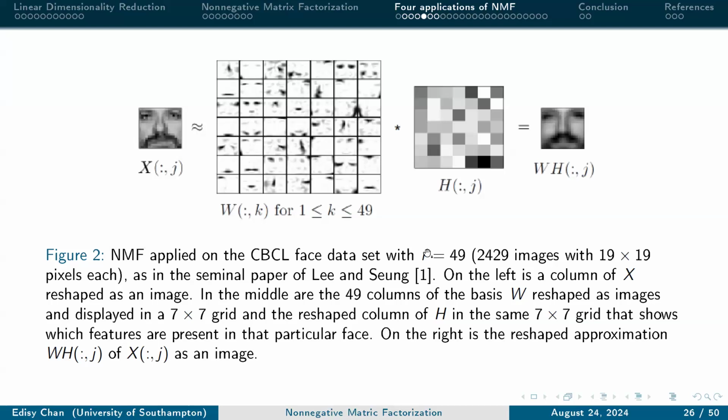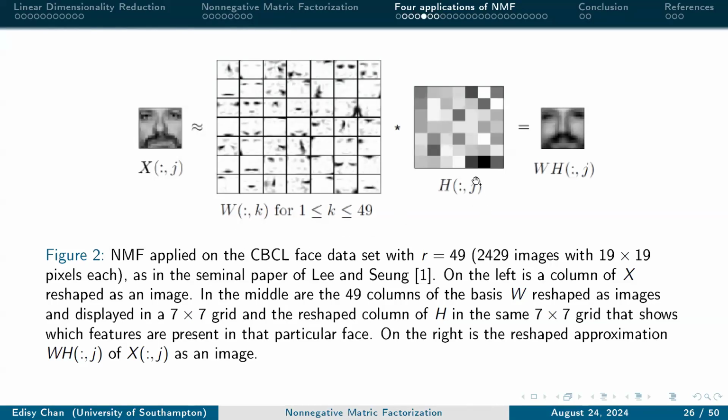So we let the R be 49. So basically we only have 49 columns of the W. And W has the same dimension as those Xj, so they will also be 361-dimension column vectors.